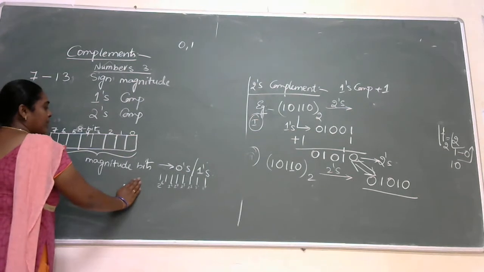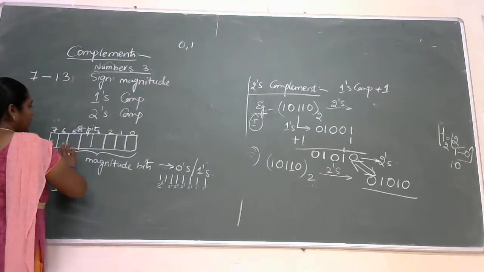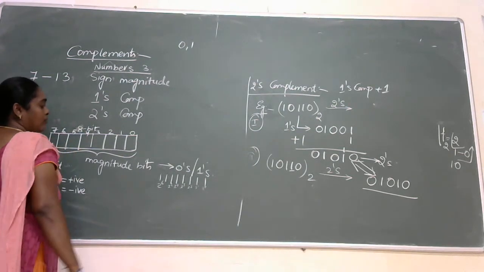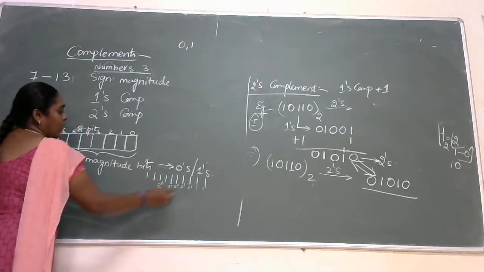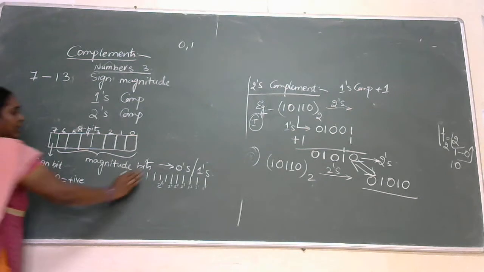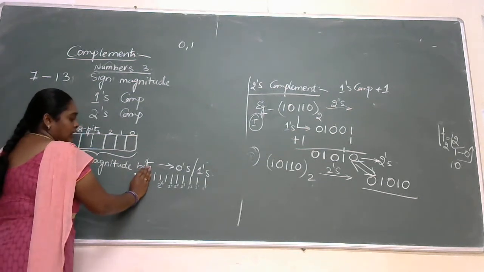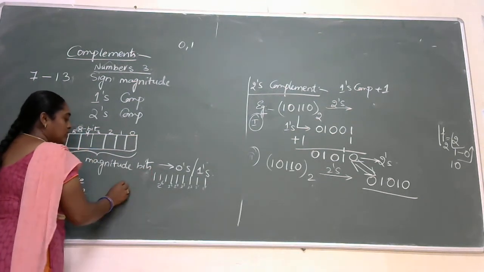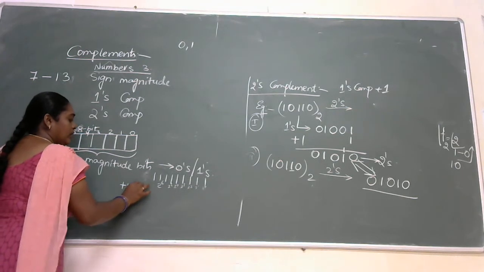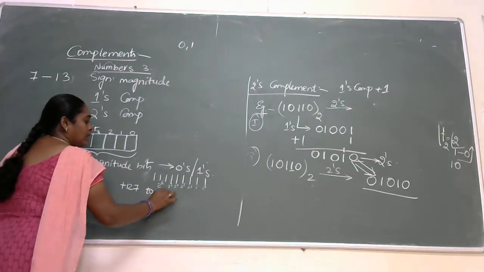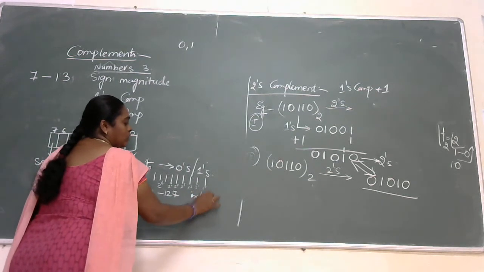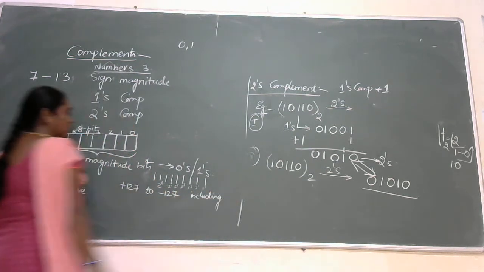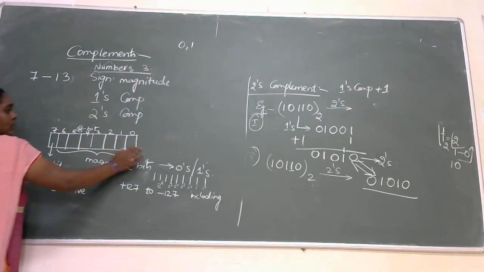So we can represent a total of 255 digits if we include the sign bit. If we exclude the sign bit, we can represent numbers from plus 127 to minus 127 including 0. So the total number of digits you can represent is 255.